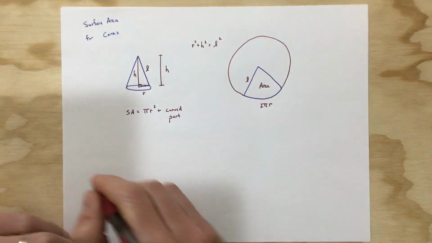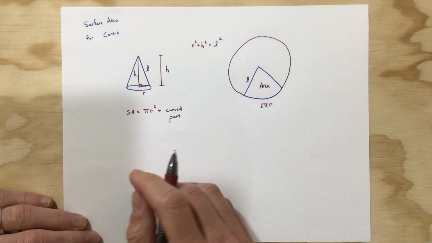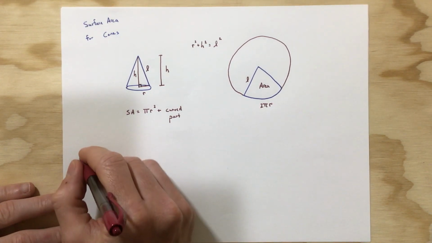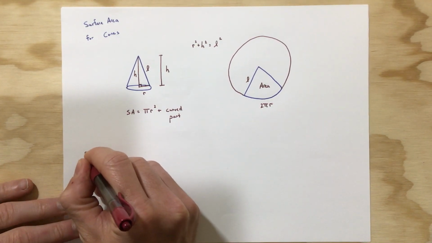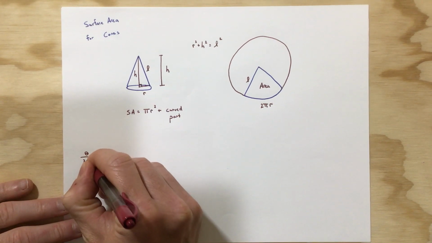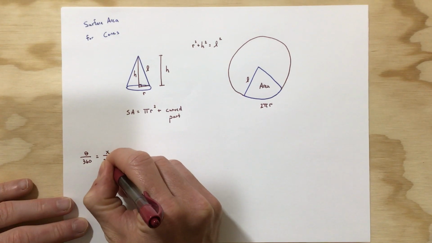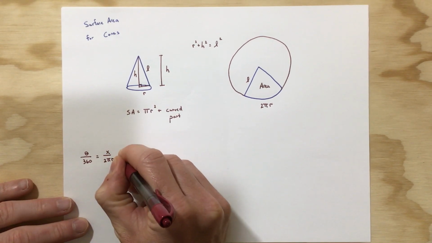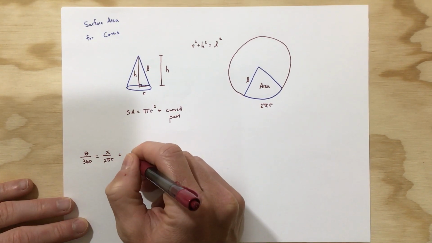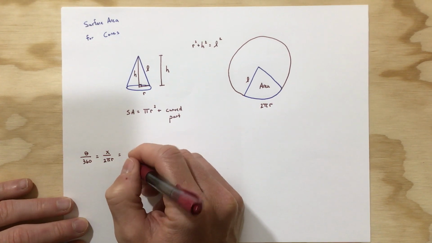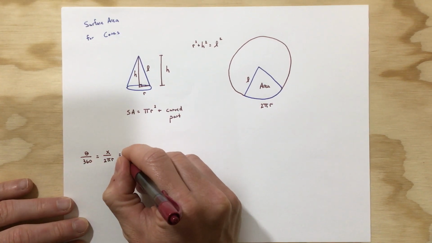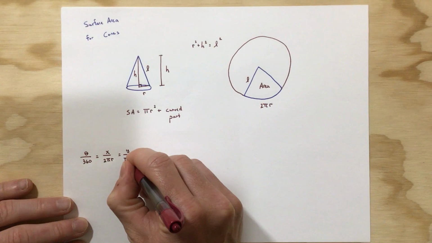And what we remember about sector area and arc length is that those things are all related, right? Theta is to 360 as arc length is to the total arc length, and the sector area, we'll call that y, is to the total area, right?